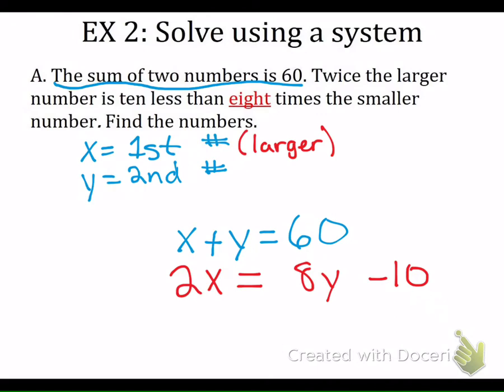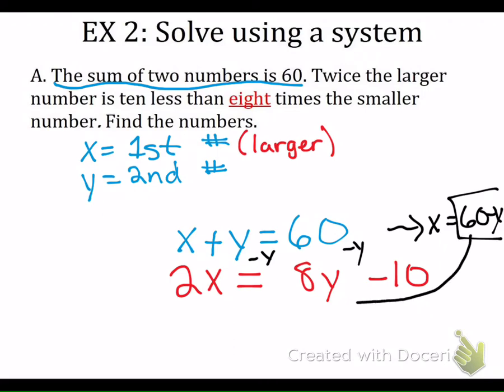All right, which variable do you want to get by itself in which equation? The x in the first one, I can go for that. So I'm going to subtract y. So I have x equals 60 minus y. I'm going to take that and plug it in right here.